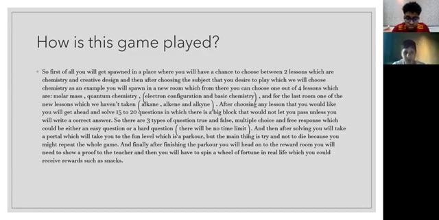You will spawn in another room, from which you can choose between 3 to 4 lessons: molar mass, quantum chemistry, which includes some of the electron configuration questions, electron configuration and basic chemistry, and the last room and the most important one, which is the new lesson that we never took, which is alkane, alkene, and alkyne.